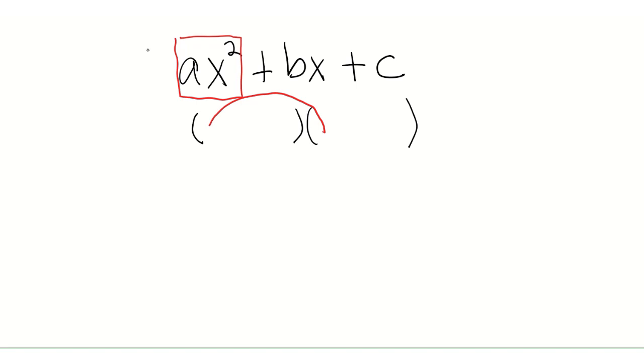When I multiply those two together, that is going to be everything in this first box. Everything in this last box, I'm going to want to be right here.